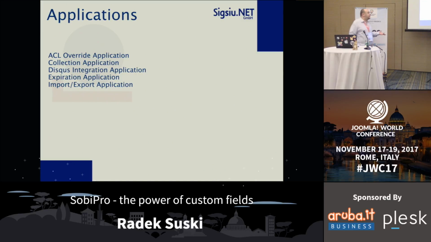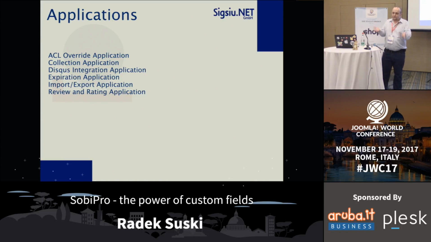We have an import and export application. I think the name speaks for itself. You can import or export entries and categories into a comma-separated value file or XML file. Another obvious one, the review and rating application, which allows you to write a review for an entry listing and rate it.